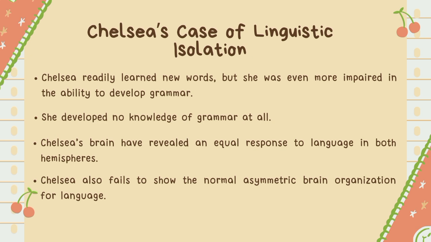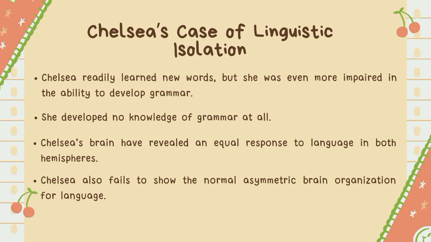Now, brain studies show that Chelsea's response to language was equally distributed across both hemispheres of her brain. This is unusual because typically the left hemisphere is more specialized for language processing. Unlike typically developing individuals who show asymmetric brain organization for language, with dominance usually in the left hemisphere, Chelsea's brain did not exhibit this pattern.